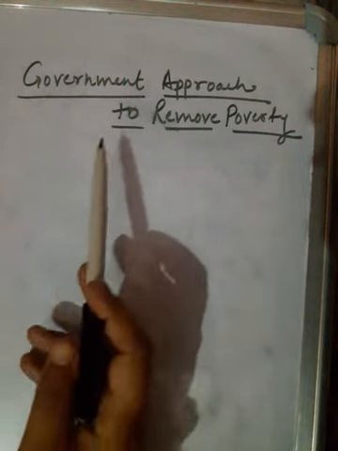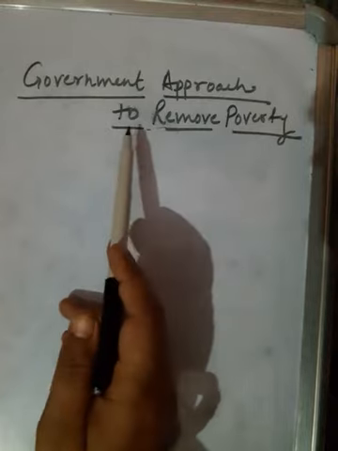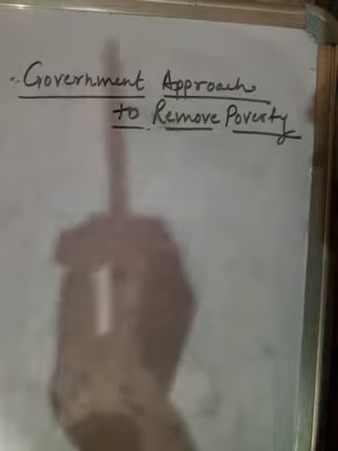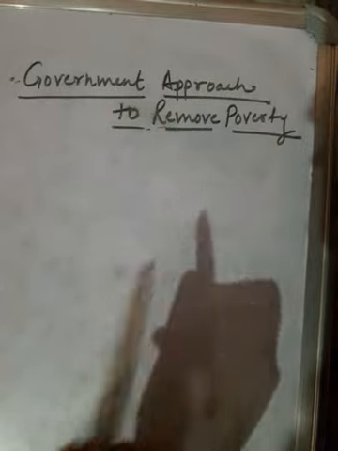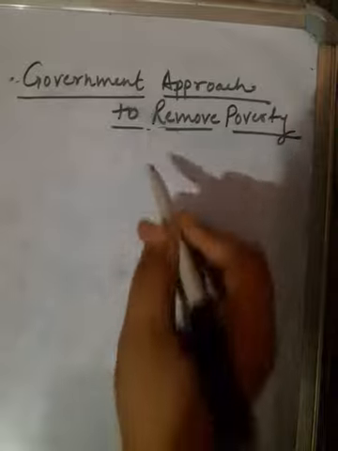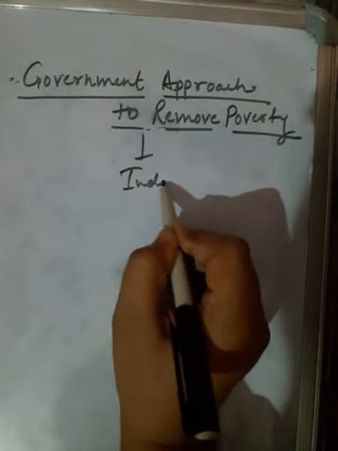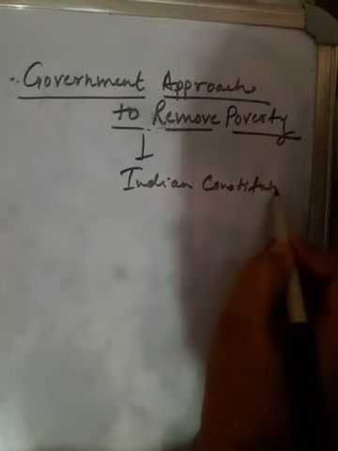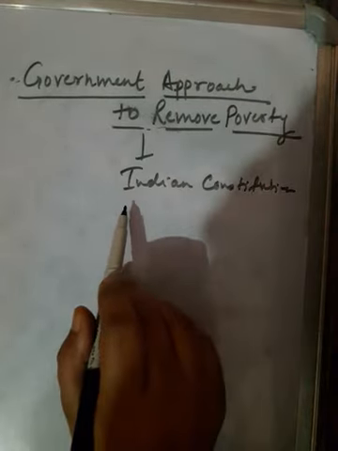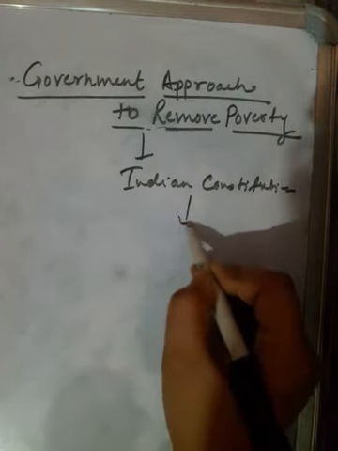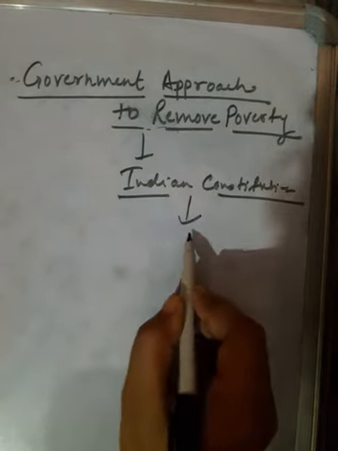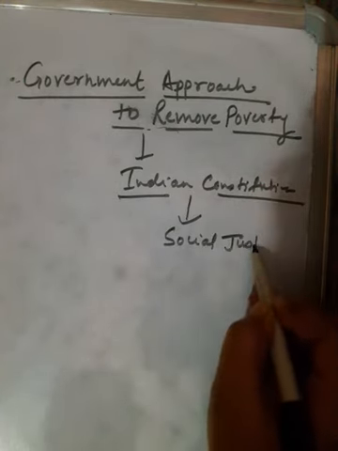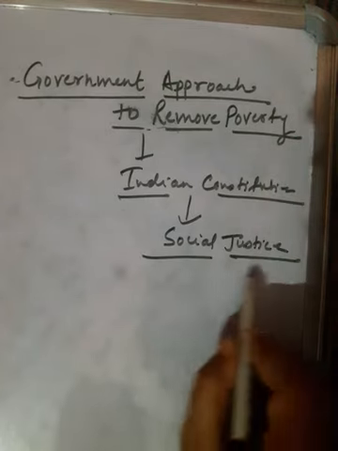Now students, I'll discuss the government's approach to removing poverty, the measures taken by the government to remove poverty in India. As you know, the Indian constitution, even in its preamble, states social justice, and that is the main objective of the five-year plans also.